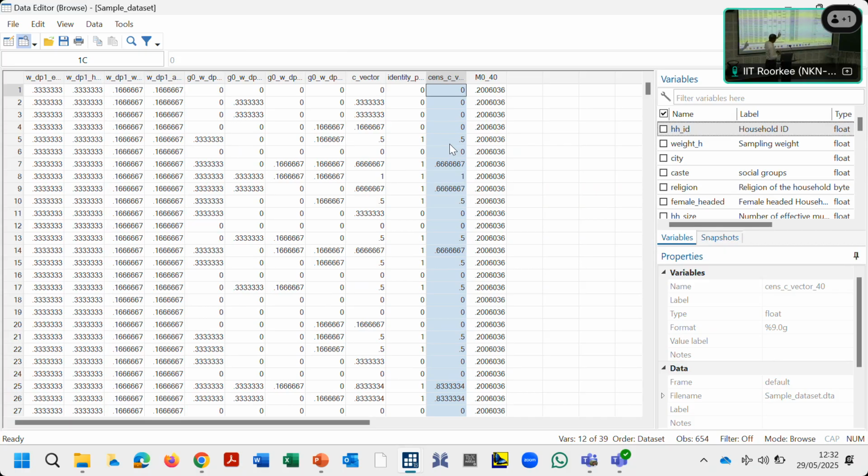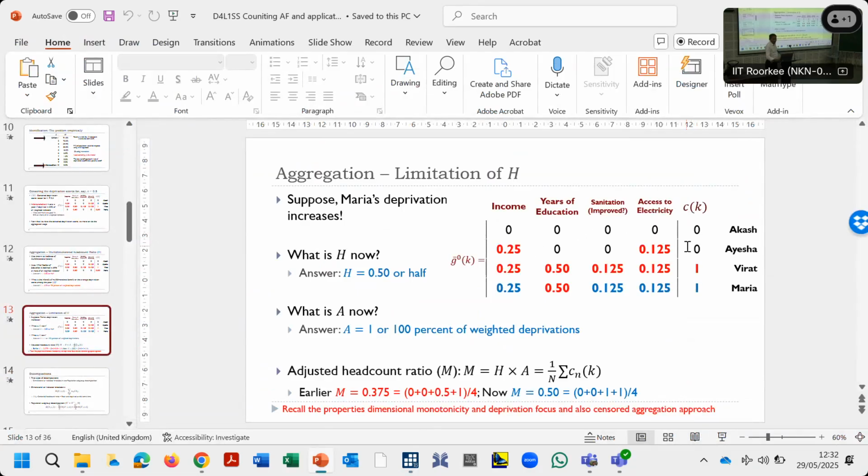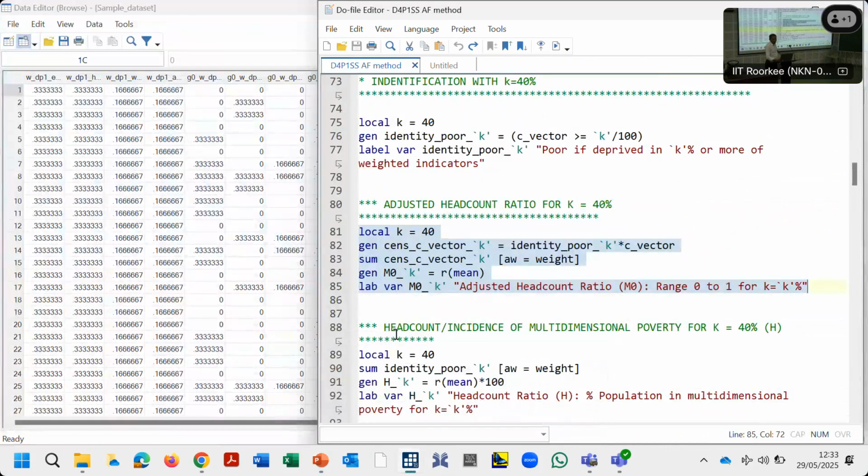So the average of the column is just the headcount ratio, right? So what I have done here is take the sum of the censored headcount ratio, and we store the mean. That is our adjusted headcount ratio.